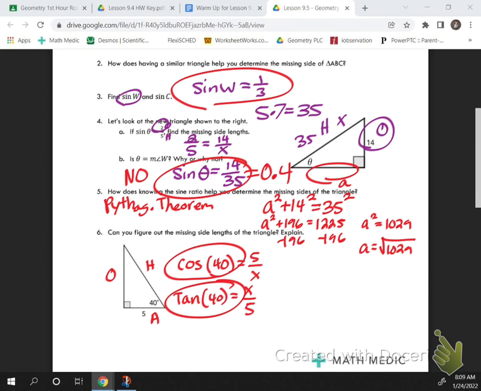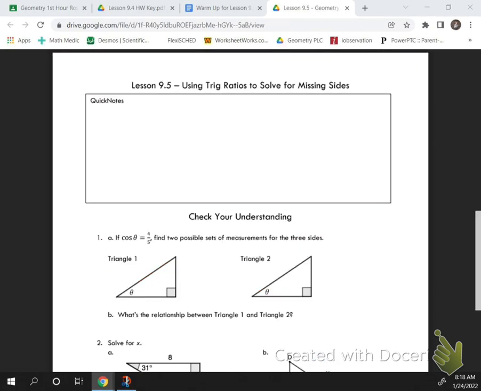Let's go to the quick notes and we'll do a few examples together. You will be using your calculators now. We'll do the check for understanding to get started. We need to remember from Friday that you can use your calculator to find or look up the ratios that go with any triangle.